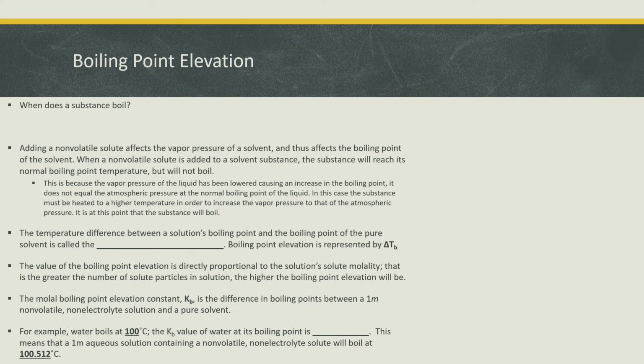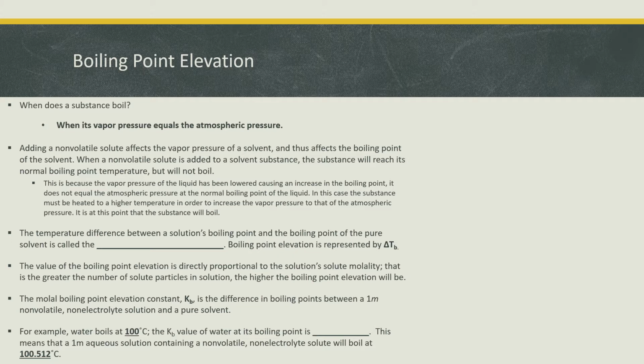All right, the next thing that we're going to talk about is boiling point elevation. And it says on here, when does a substance boil? So think about that for a second. All right, a substance is going to boil when its atmospheric pressure equals the vapor pressure, okay? So again, when the vapor pressure equals atmospheric pressure, that's when a substance is going to boil.